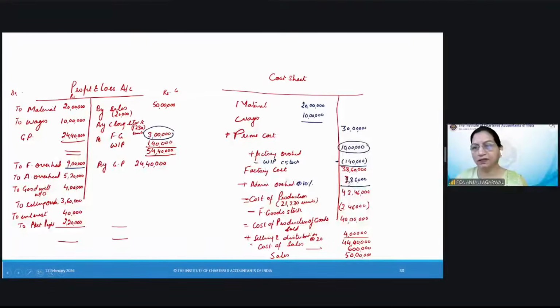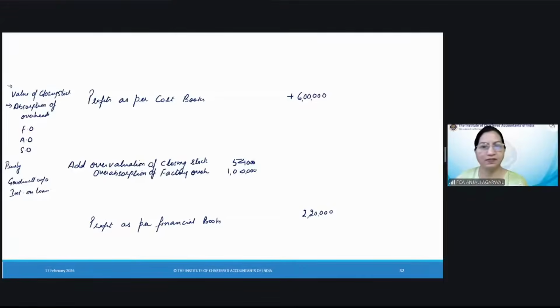Administrative overheads. It is 386. Here it is 520. So administrative overheads are under absorbed in cost accounts. 5,20,000 minus 386, minus 134.